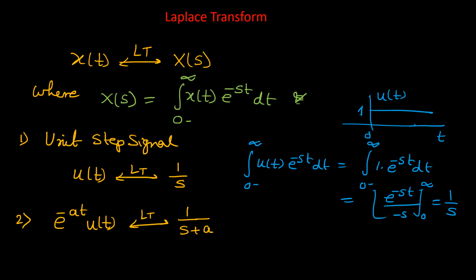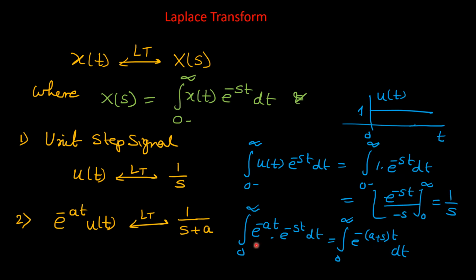For e to the power minus at u of t, if you multiply by e to the power minus st dt from 0 to infinity, we can combine e to the power minus (a plus s) times t dt.